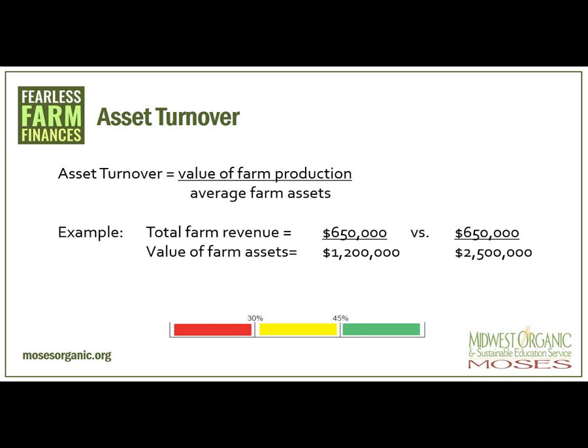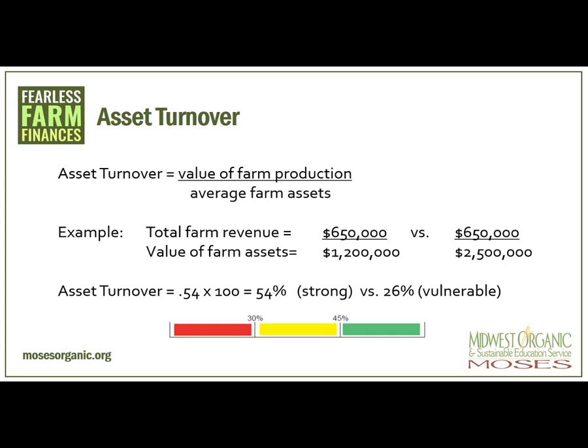What is the asset turnover rate for these two? In the first example, we come up with 54%, which, if you look down at the bottom, anything above 45% is strong. Our second example was at 26%. Again, that's less than 30%, so that's vulnerable.